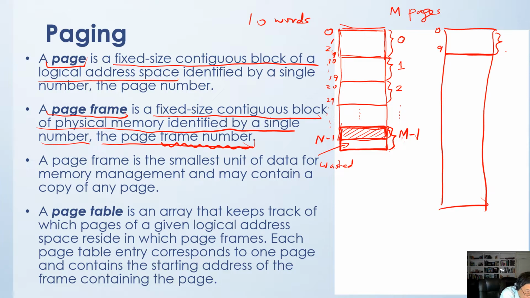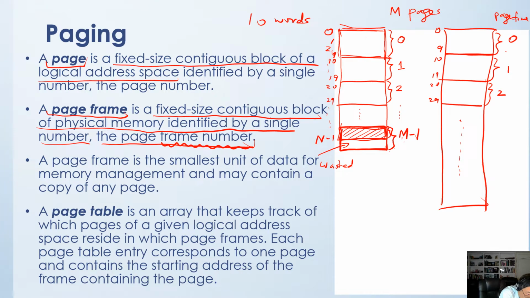That's the page frame, and that's page frame number 0. And then 10 to 19, that's page frame number 1. 20 to 29, that's page frame number 2.